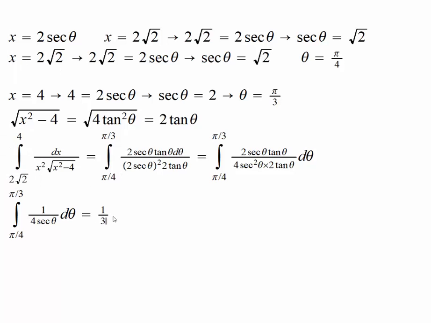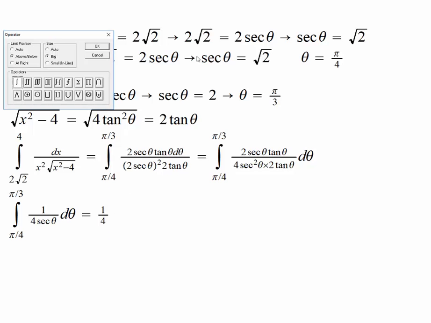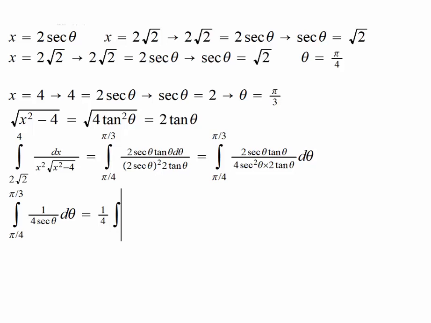So that will become 1 over 4 times the integral from pi over 4 to pi over 3 of cosine theta. All right, and what is the antiderivative of cosine theta? That's sine theta.